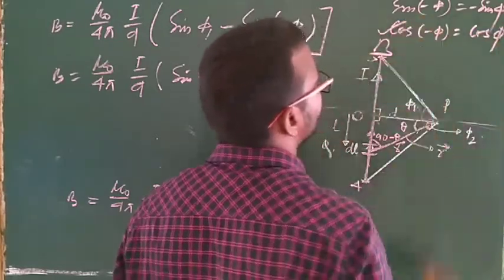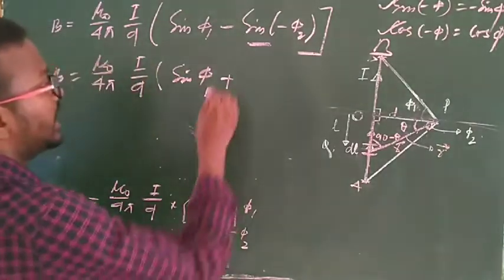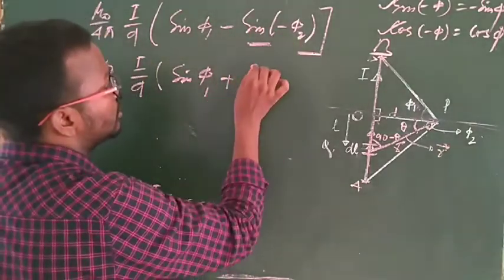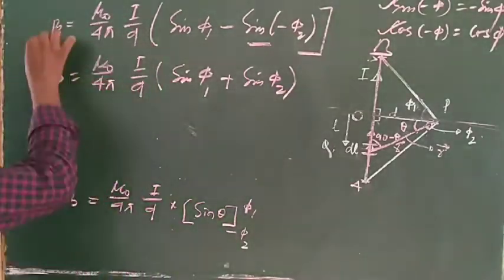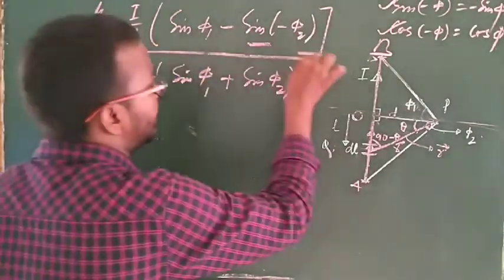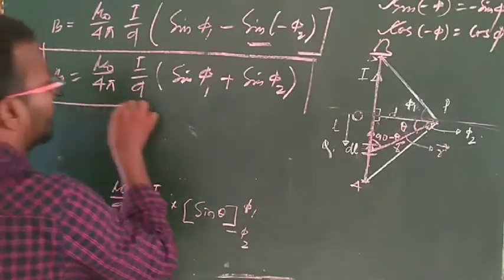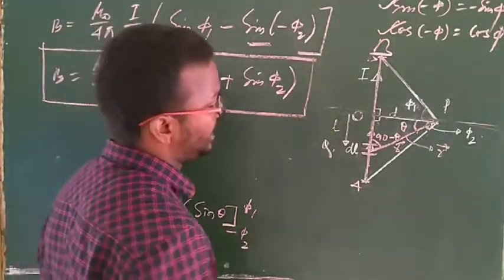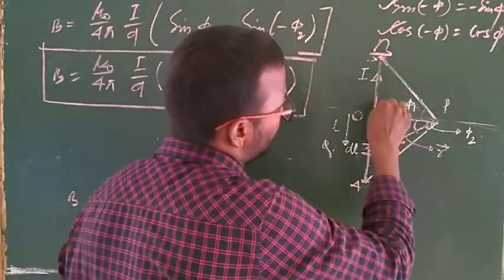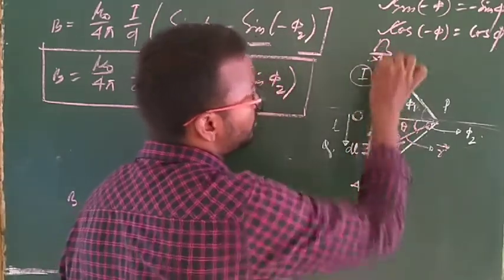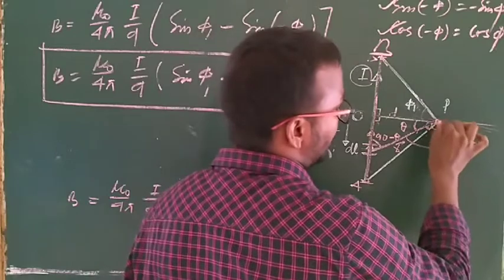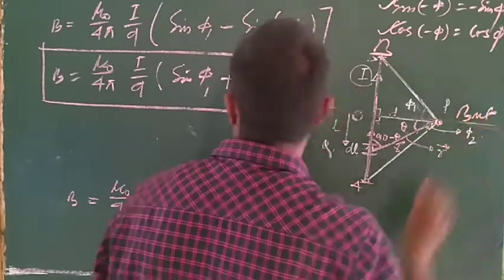This is an even function and this is an odd function, so we can write sin phi 2. This is the total magnetic field due to the long straight current carrying element, with current flowing through I from A to B, and here the total magnetic field is B net.